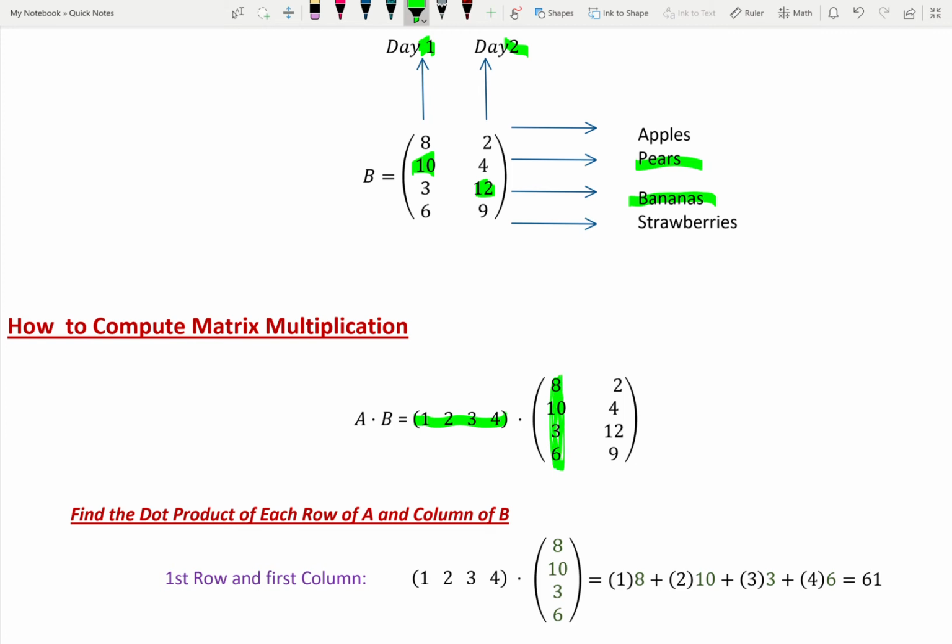Okay, so what is going on here? When I perform the dot product, I'm going to multiply each corresponding term. So I'm going to multiply the first two terms to get this, then I'm going to multiply the second two terms together to get this, then the third two terms together, then the last two terms together.